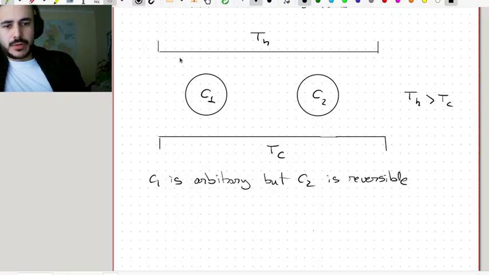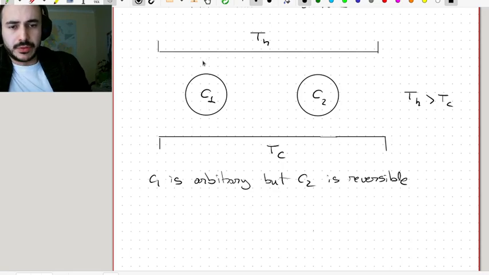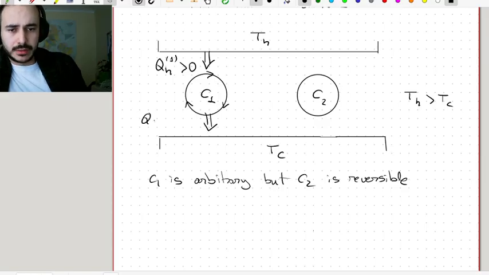So I'm going to put these two there, and I'm going to make them work. This is an engine, running in the clockwise direction, and it's absorbing some amount of heat, let's call it Q hot 1, which is positive because it's going into the system, and it's releasing some heat Q cold 1, which is negative.